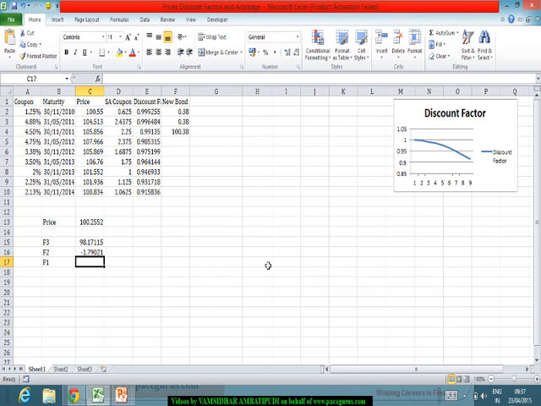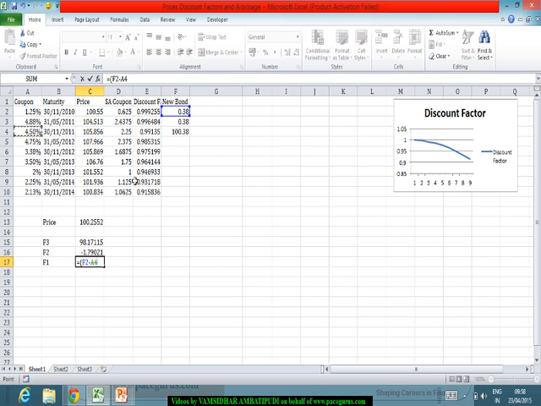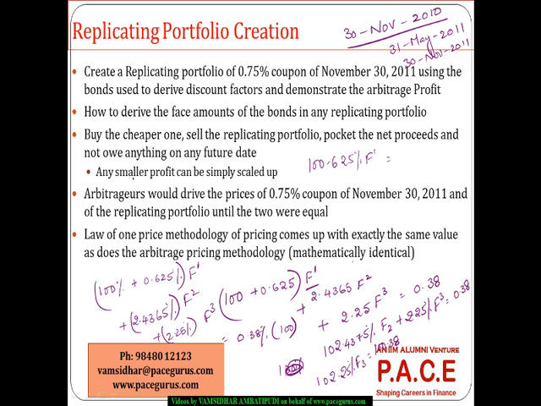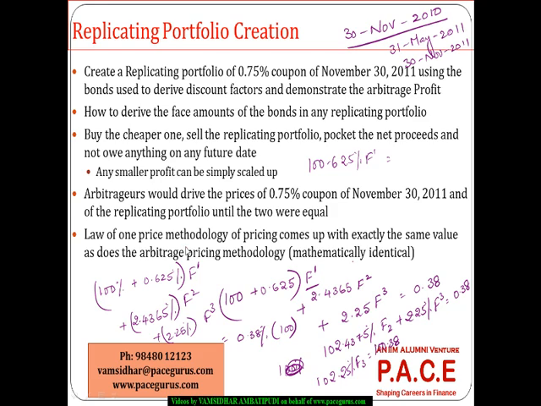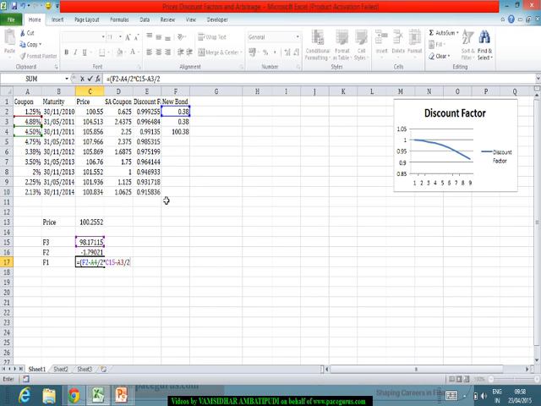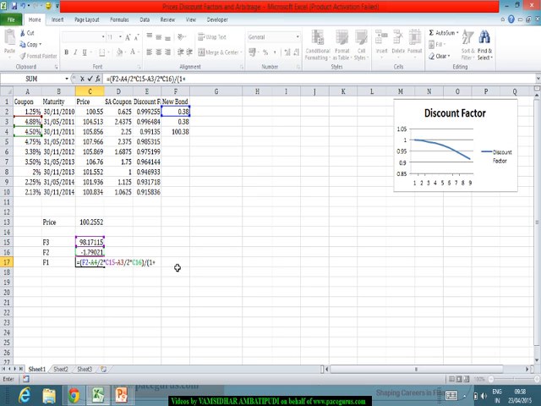So F1 also comes out as this cash flow, minus 2.25% times F3, minus 2.4365% times F2 in the numerator, and the denominator is 100.625%, which is nothing but this much.